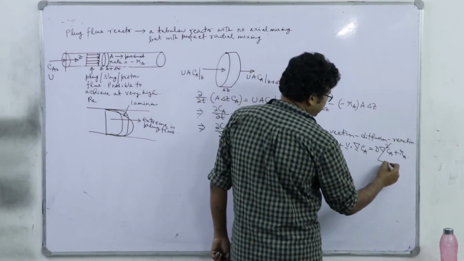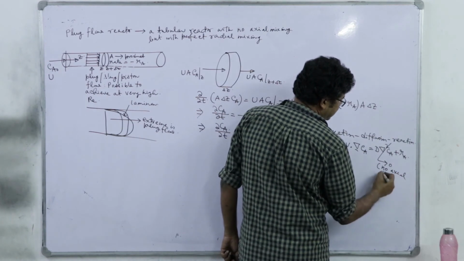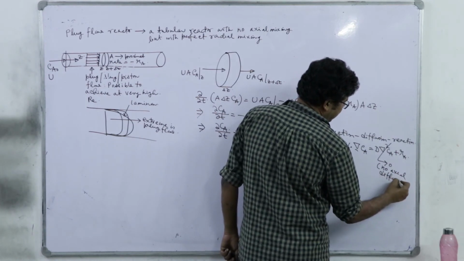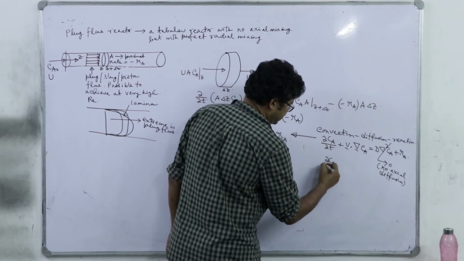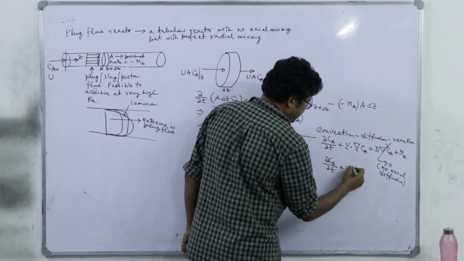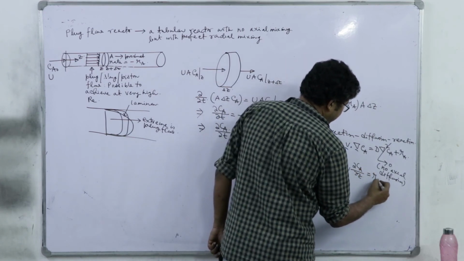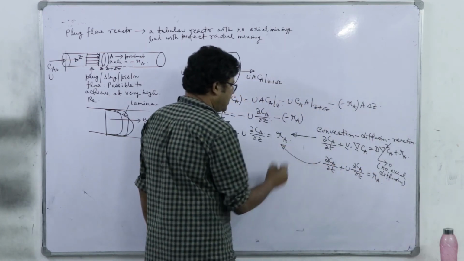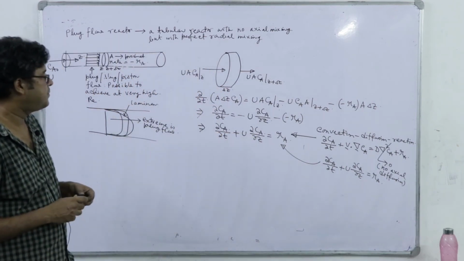Diffusivity is negligible in the axial direction, so there is no axial diffusion, and radially it is well mixed. So we can drop this term: ∂CA/∂t plus u ∂CA/∂z is equal to RA. So it's the same equation as we derived through shell balance.